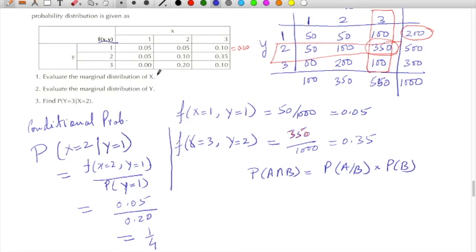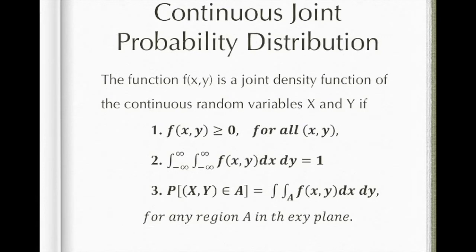Now, what is marginal probability? Let's go back to that first. Before moving to the marginal probability, I want to explain what the conditions are for a continuous joint probability distribution. In this case, x and y are two random variables, but both are continuous random variables.